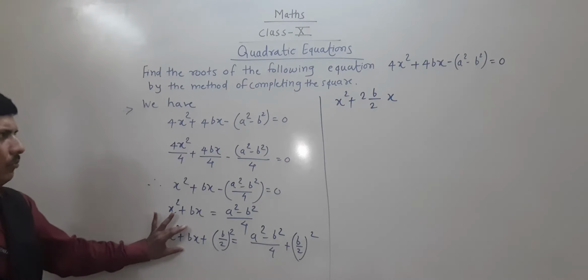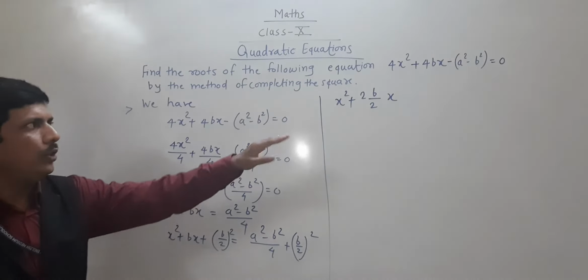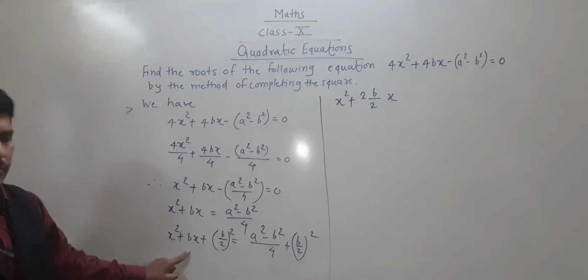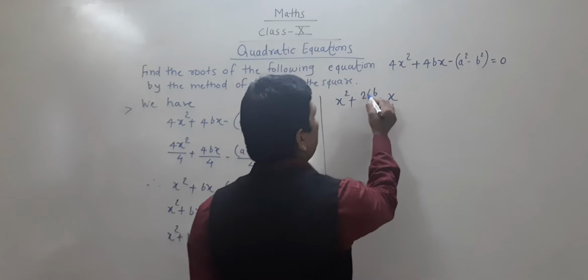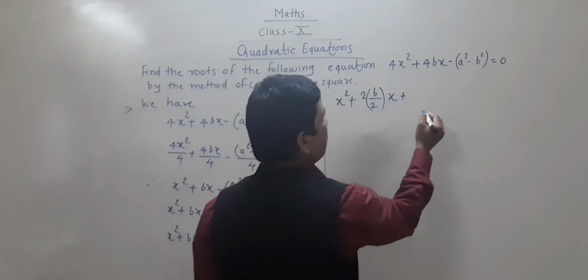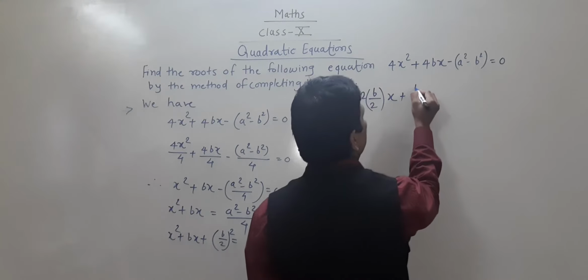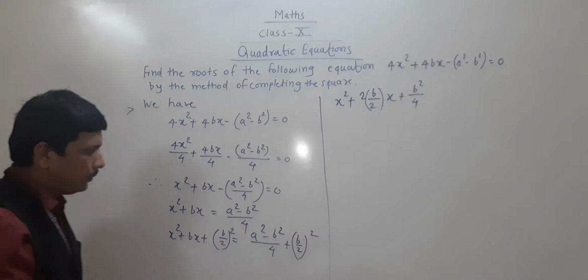The same term we have written in that manner. The 2 is cancelled and bx remains, which is our original term. Plus (b by 2) square, that is b square by 4, or you can keep it as it is, no problem.